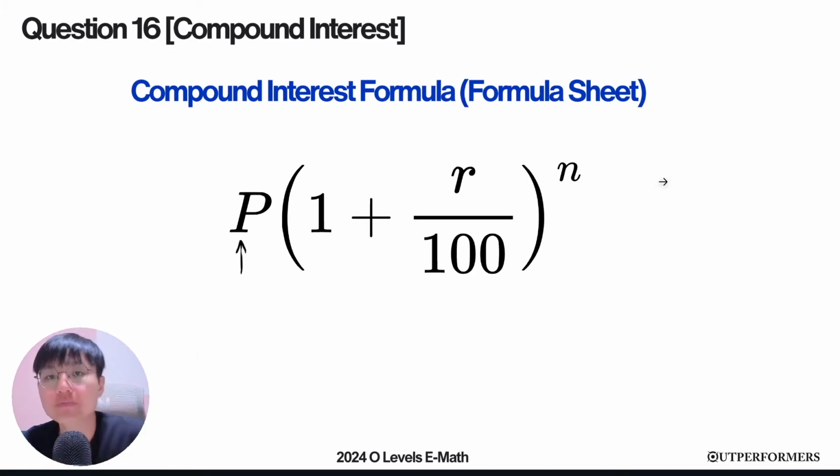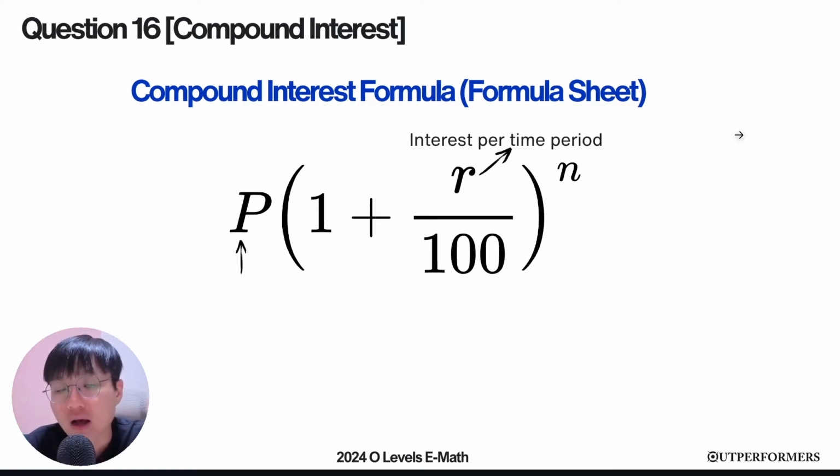P itself is the principal value, and that is the amount of money invested into the account. R itself is the interest per time period. So it depends on, are you applying the interest in years, in months, twice a year, whichever. It depends on the question.